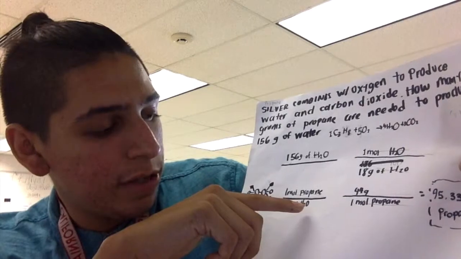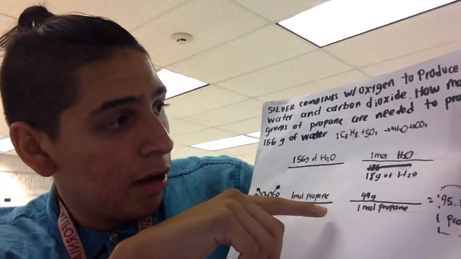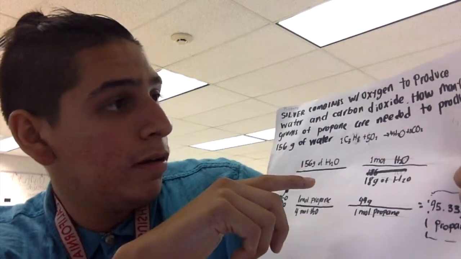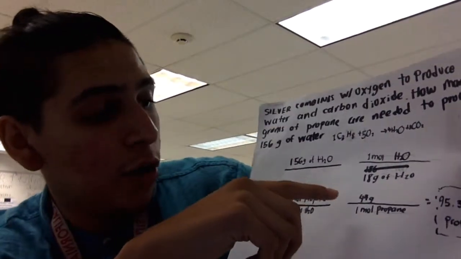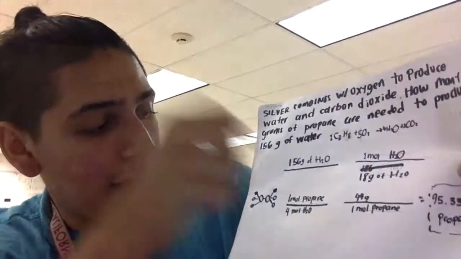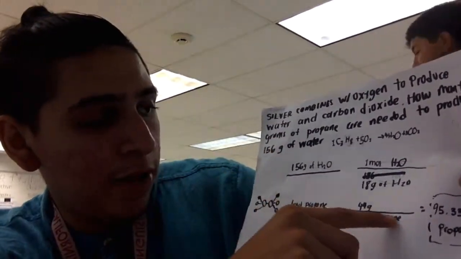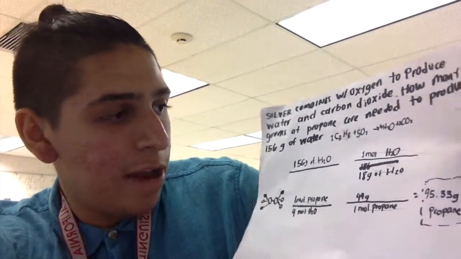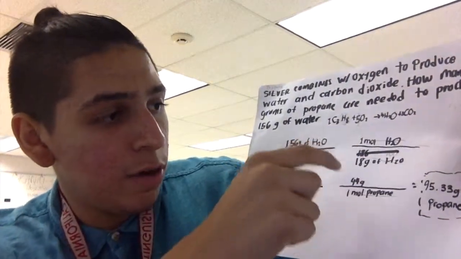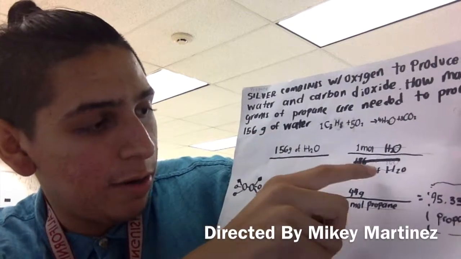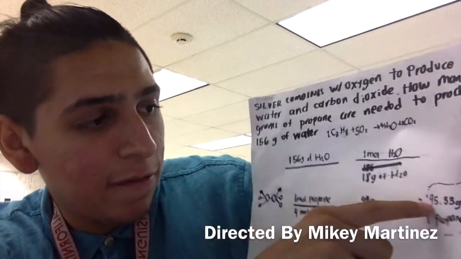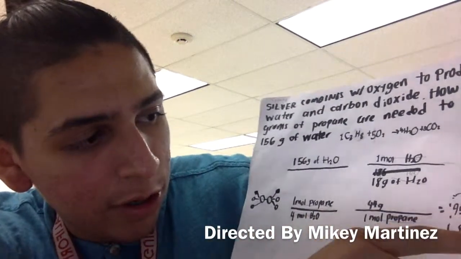And the end goal is obviously to get the grams of propane. So I got 44 grams of propane, and I brought down the 1 mole of propane from here in the equation. And basically, if you solve it out, it will be a series of you crossing out the units that are right there, and you'll get the final answer of 95.33 grams of propane.